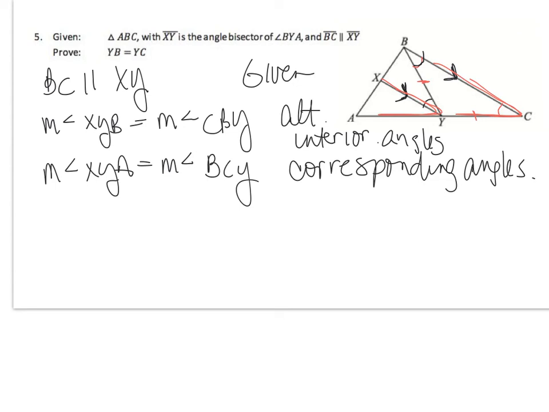Oh, we have an angle bisector. Let's look at that one next. So XY is the angle bisector of BYA. So we know that this angle is congruent to this angle.